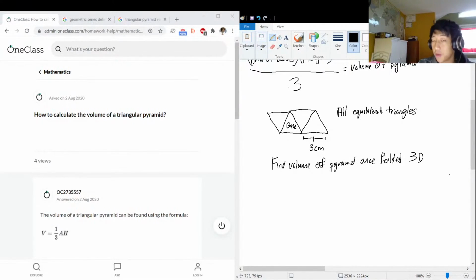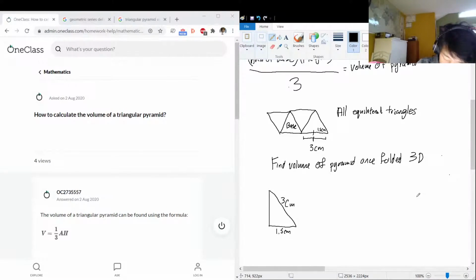Okay, so if that's 3 centimeters, we know that's 1.5 centimeters. And an equilateral triangle is really just 2 twin 90-degree triangles. We know that that's 1.5 centimeters. We know that that's 3 centimeters. We need to find this, our vertical side, rather.